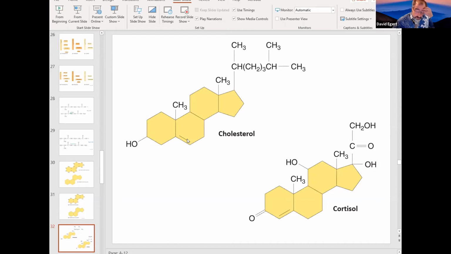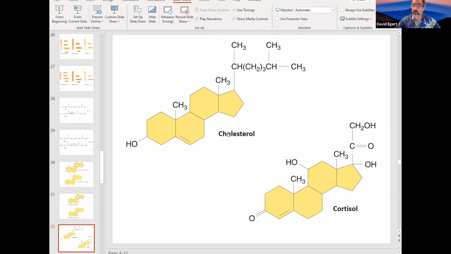So it's important, like if you know a hormone is a steroid, that means it came from cholesterol, that means it's a lipid, that means it's hydrophobic. You need to be able to make those connections. Like if cortisol is a steroid hormone made from cholesterol, it must be hydrophobic.